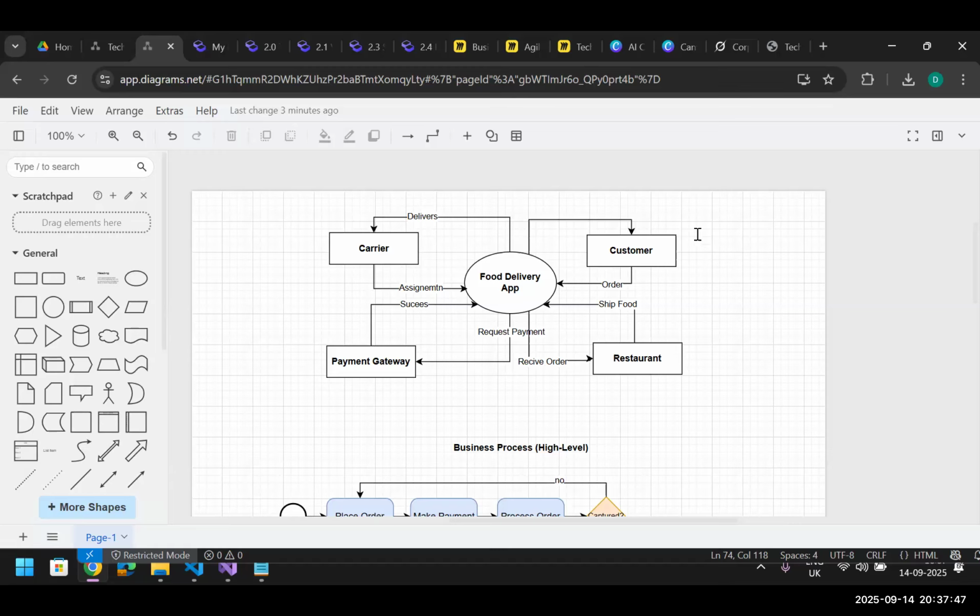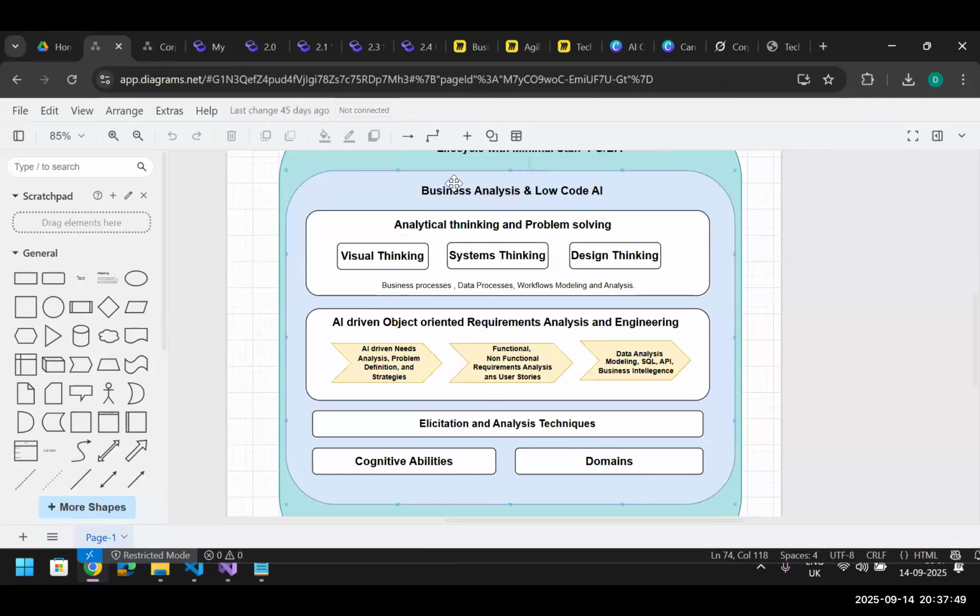That is why we designed this course with visual thinking, system thinking, and design thinking, so that we can carry out our business analysis activities efficiently and effectively. Therefore we need these thinking approaches, or thinking modes, that we switch between.